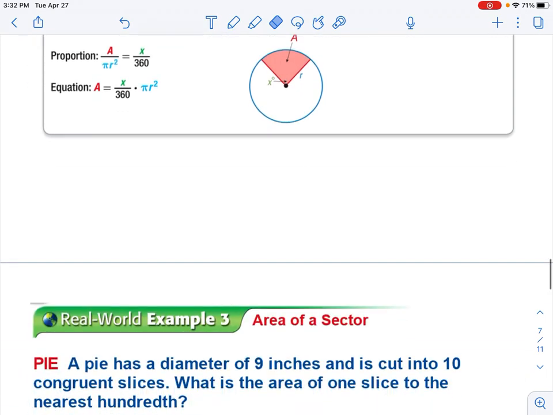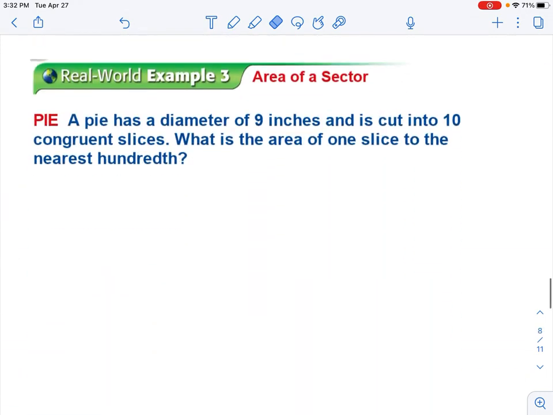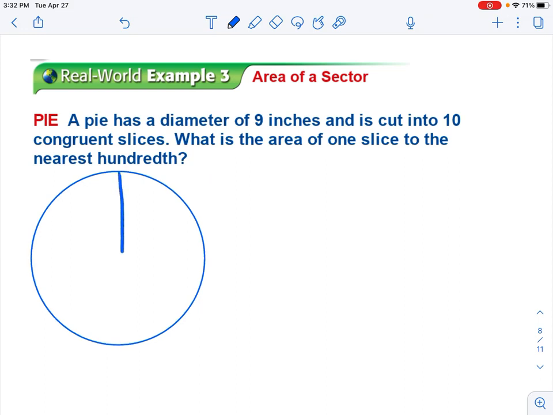All right. So a pie has a diameter of 9 inches and is cut into 10 congruent slices. I'm going to do my best to draw out a circle with 10 congruent slices. It's probably not going to be perfect, but you'll get the gist. Oh, that was bad.